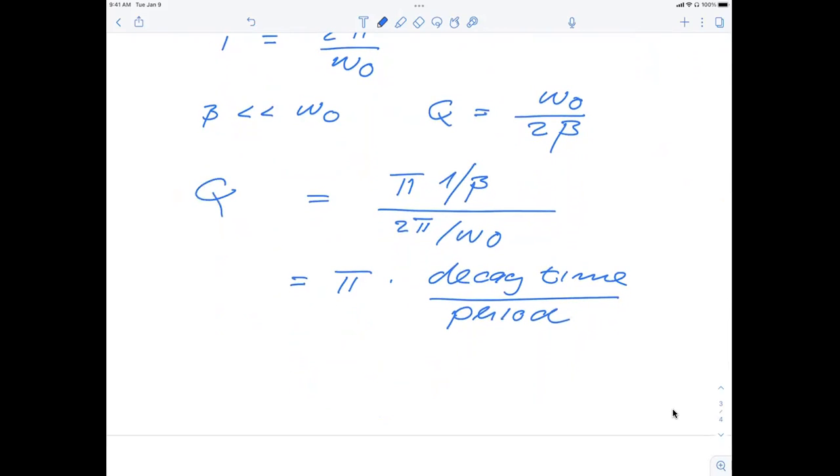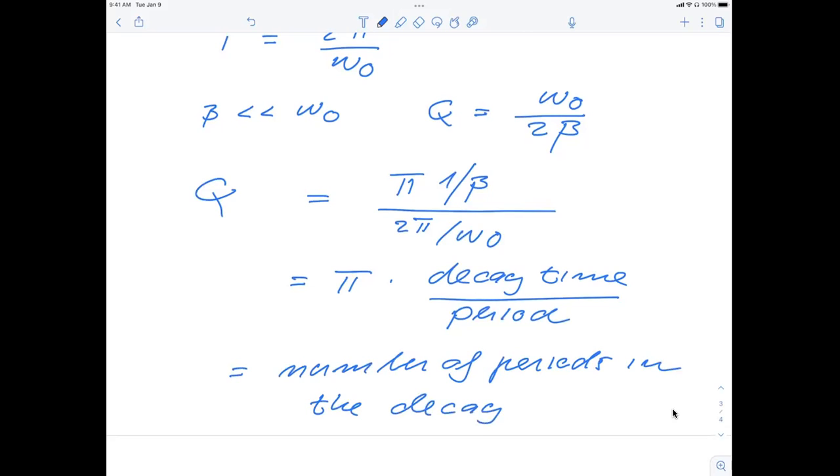And this Q then represents the number of periods in the decay time. If we think of this Q as a decay time here.